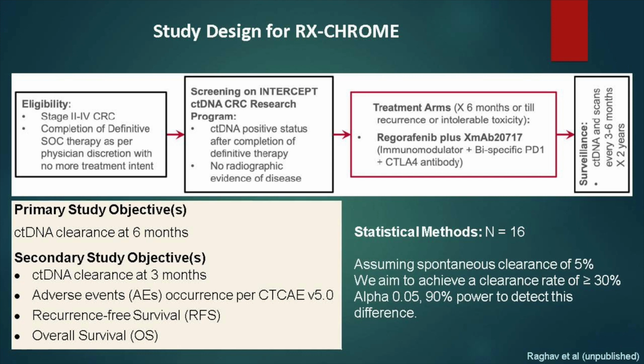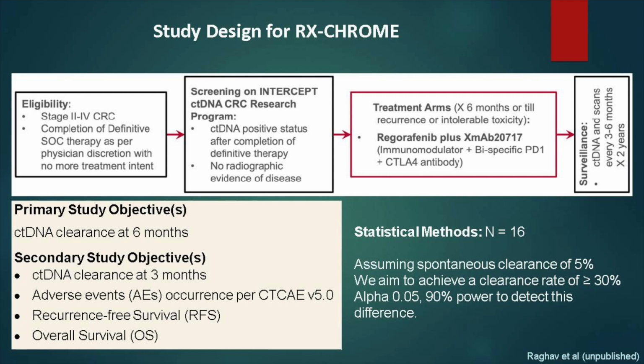All of these patients will be screened either through standard of care or through the MD Anderson Intercept ctDNA program. If they are ctDNA positive and they do not have any disease on their scans, they would get treatment for 6 months with regorafenib and XMAB20717, and they will be getting ctDNA and scan surveillance every 3 to 6 months for about 2 years.